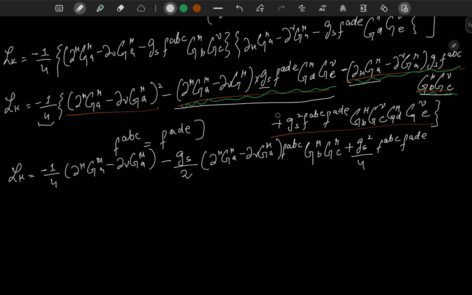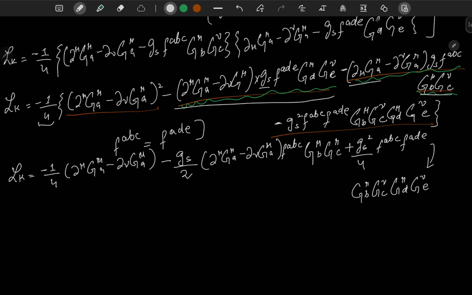Okay, there is a mistake of sign here, it should be minus. And we have 4 gluons, so I'm going to write here g mu b, g nu of c, g nu of d, g mu, and g nu of e.